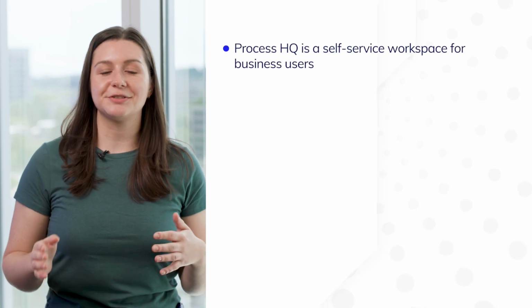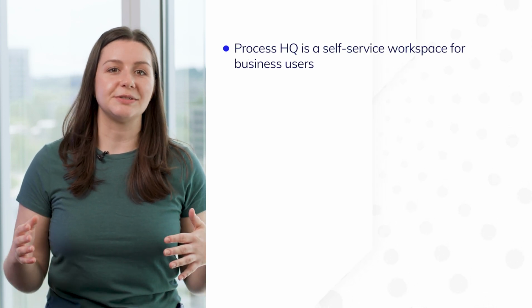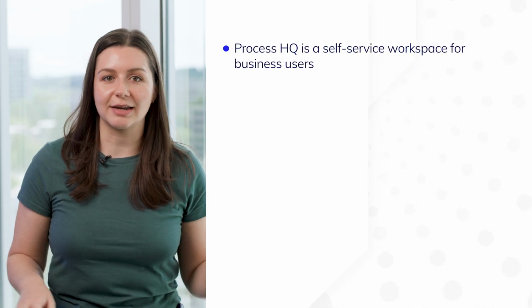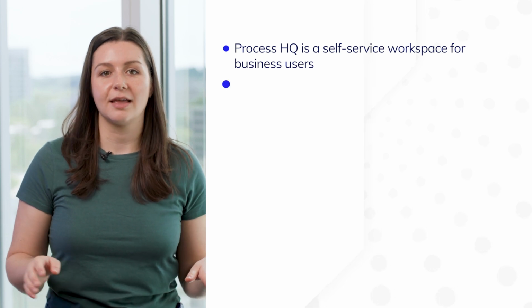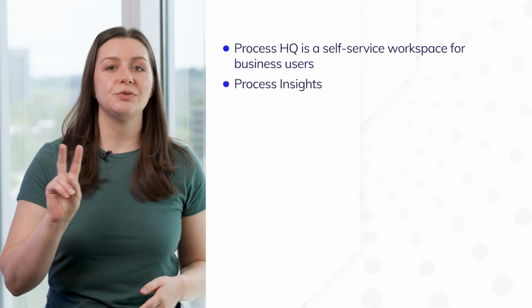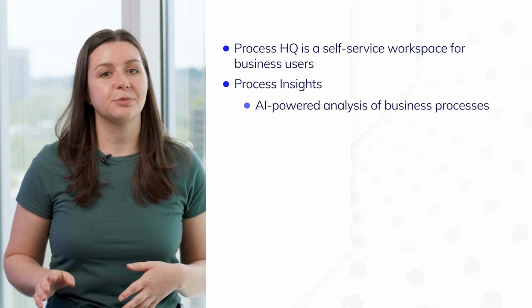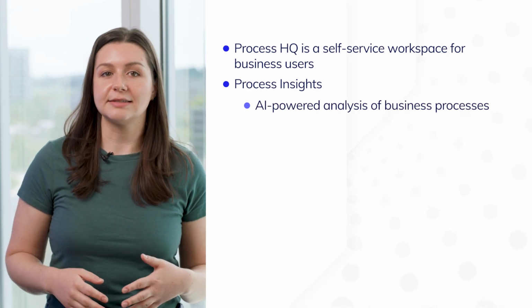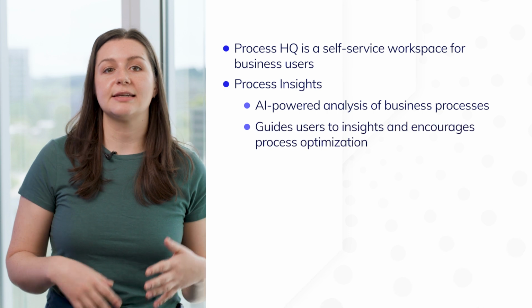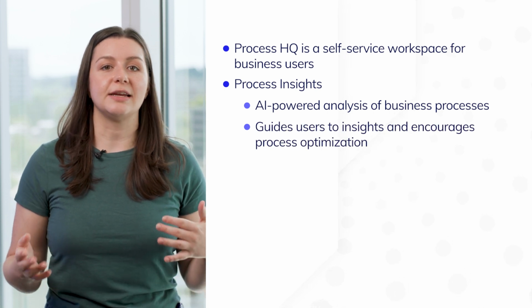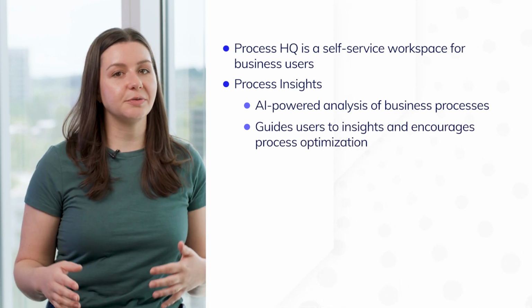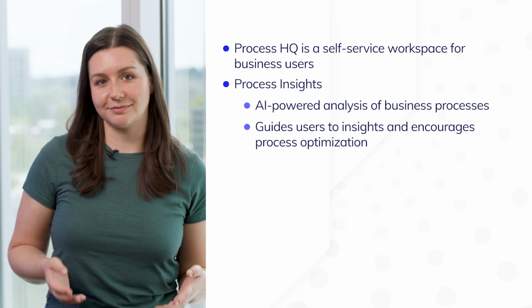Let's recap. Process HQ is a self-service workspace designed for business users to explore their data fabric and processes. Process HQ has two main capabilities. The first is Process Insights, which provides AI-powered analysis of business processes and guides business users to data-driven insights and encourages continuous process optimization.